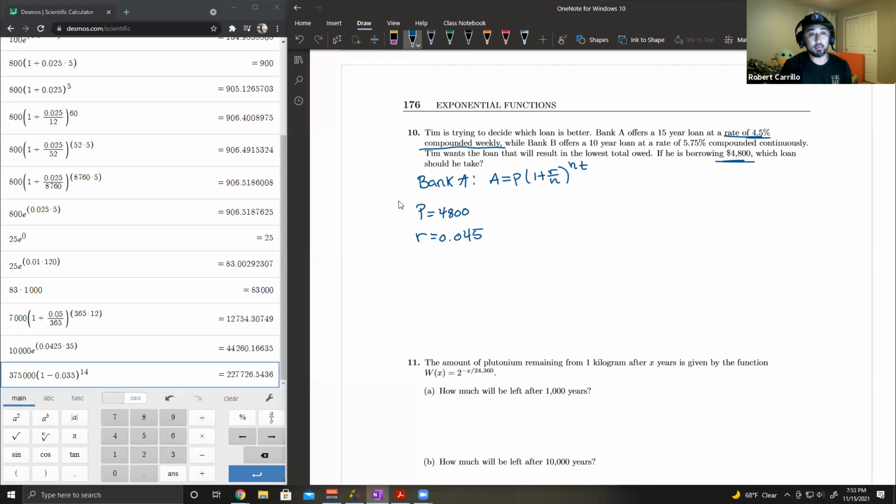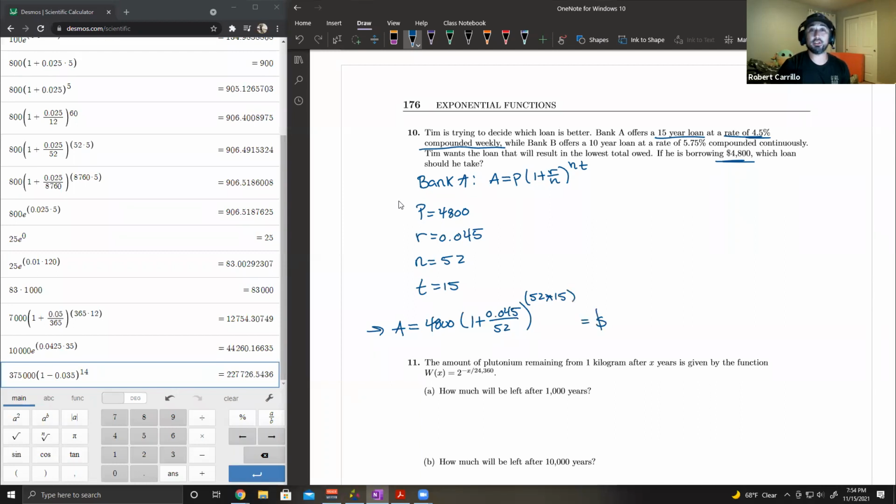And we are compounding weekly. So N would be 52. And Bank A says they can do it for 15 years. So time would be 15. Okay. So for Bank A, you'd have A equals 4,800 times 1 plus 0.045 over 52 raised to the 52 times 15.